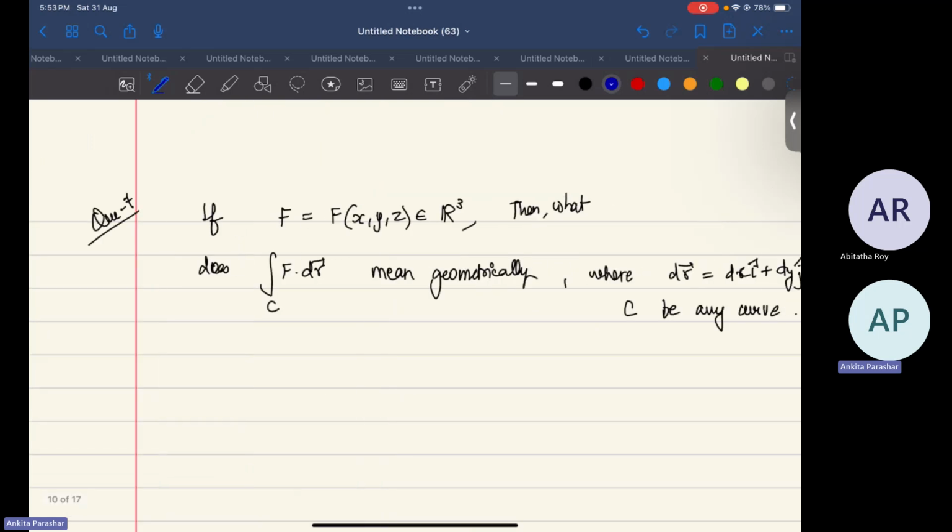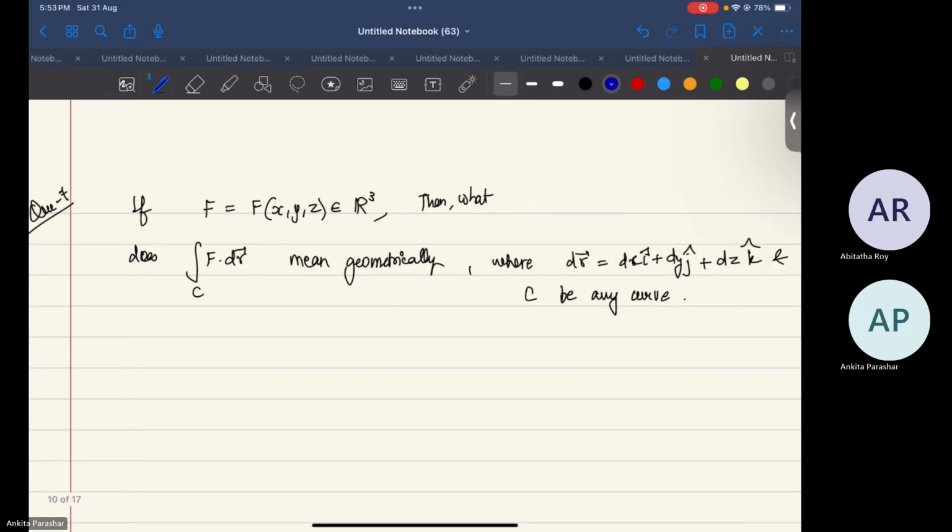Okay. Now here is another question. Suppose we have a function. Look at f carefully. Then what is this meaning?